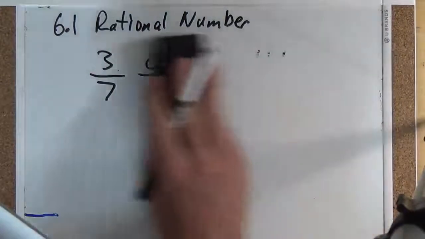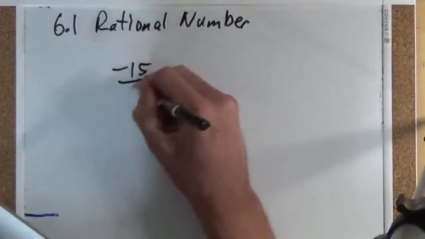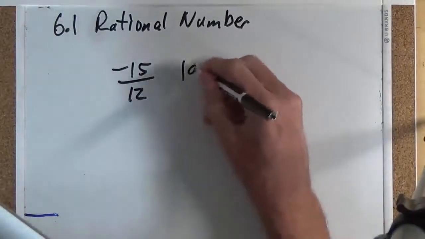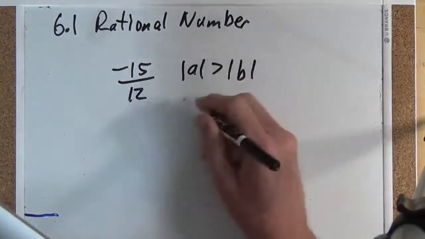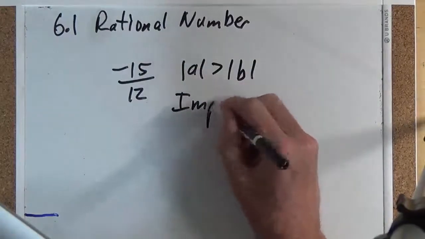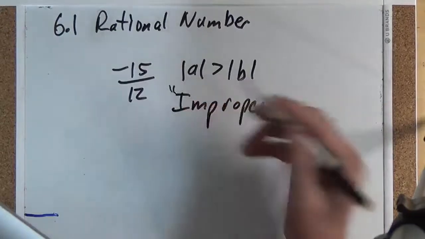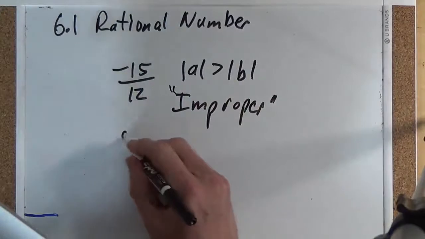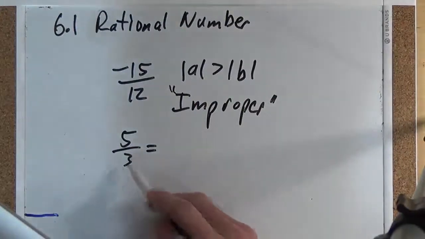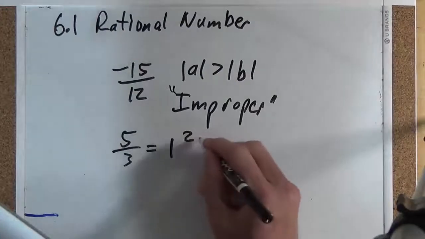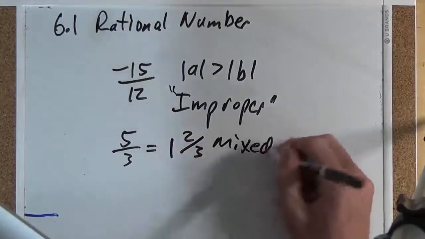If we go the other way, say negative 15/12, now the absolute value of the numerator is greater than that of the denominator. It's an improper fraction. And hopefully you remember things like 5/3, 5 divided by 3 is 1, remainder of 2. You can write it as a mixed number.